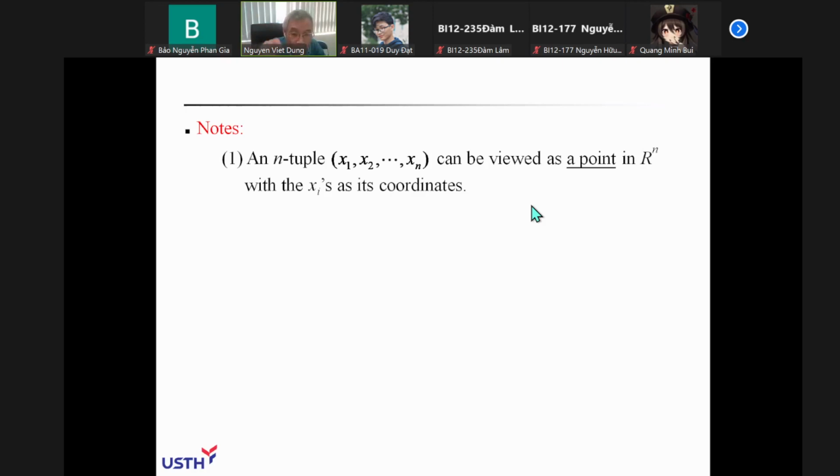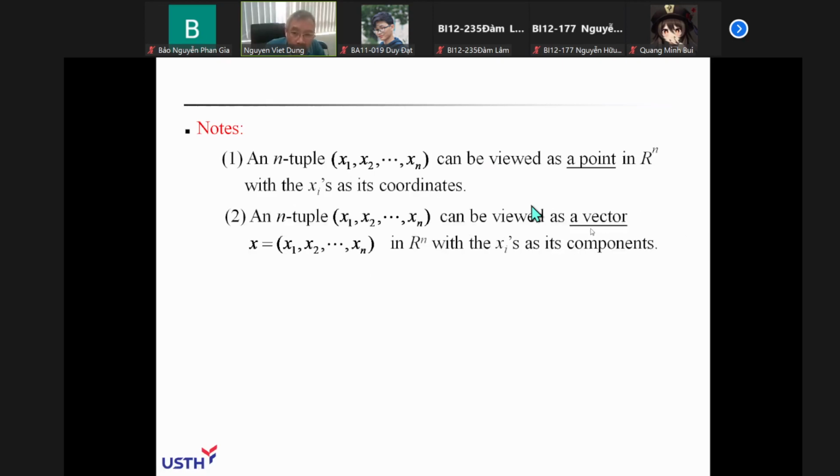Down here, I am going to show you some examples by picture. In that case, x1, x2, xn will be considered as coordinates. In the other way, you can consider it to be a vector, and then x1, x2, xn will be considered as its components.